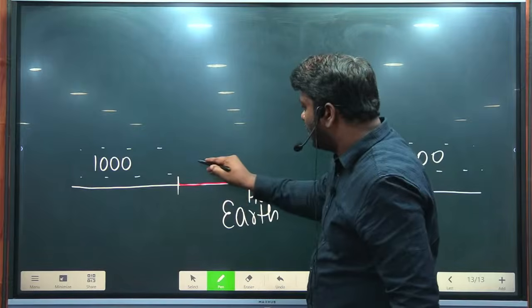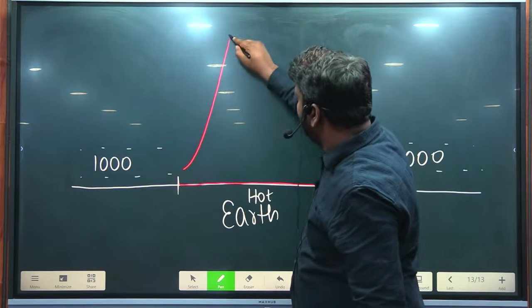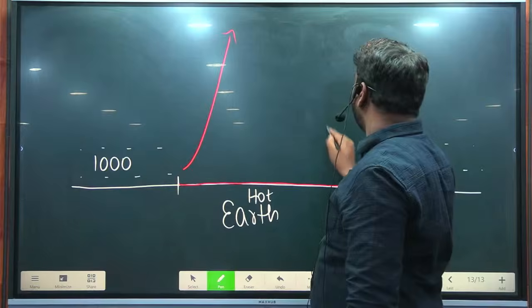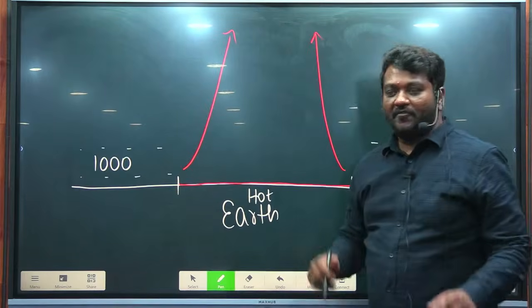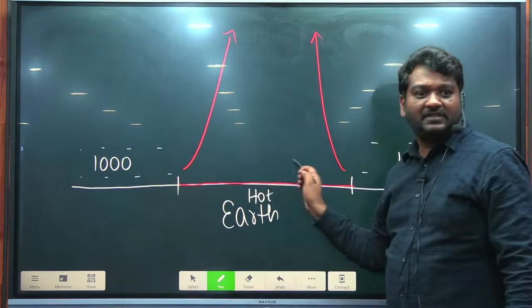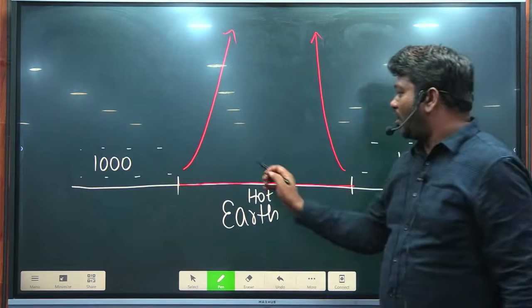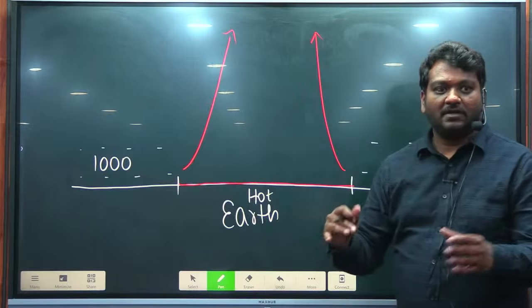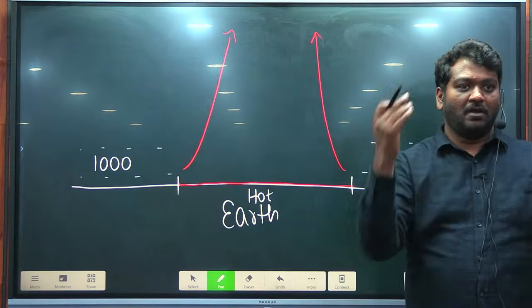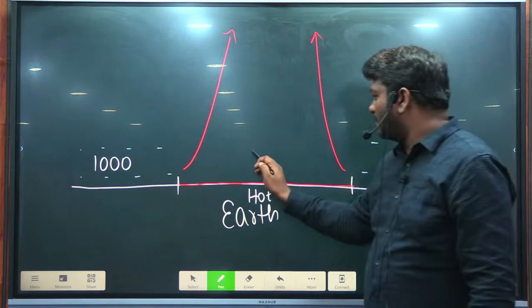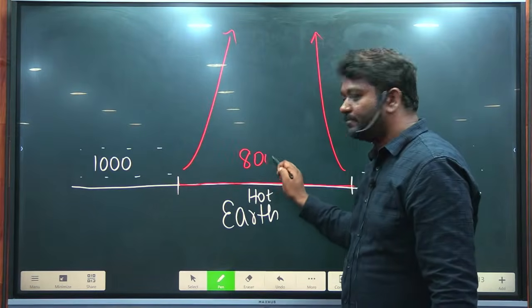Now here you have hot air, and hot air started rising. If air present in this region goes above, think and tell, how many were there? 1000. Some particles went above; let me say it became 800.